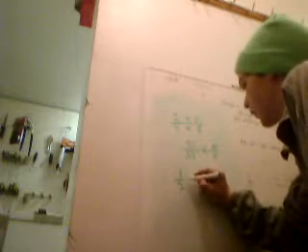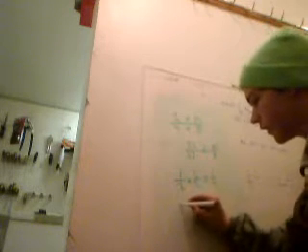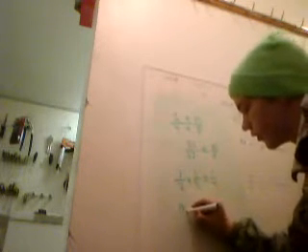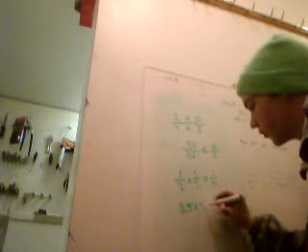Simplest way to do it, 1/2 times 1/2 equals 1/4. And now I'm going to show you how that's true with decimals. 0.5 is 1/2 times 0.5.